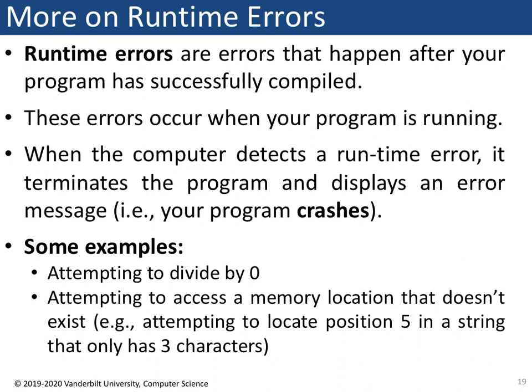So examples of things which would cause a runtime error is if the code attempted to divide by 0, that would be a runtime error. If you attempted to access a memory location that didn't exist. So if you had a string that was 3 characters long, it had the word car in it, but you attempted to access character 5, then that would create a runtime error because there does not exist a memory location 5 in the string that you are dealing with.